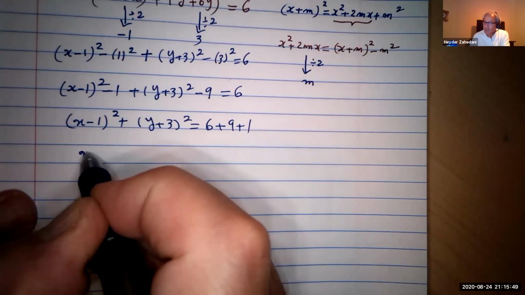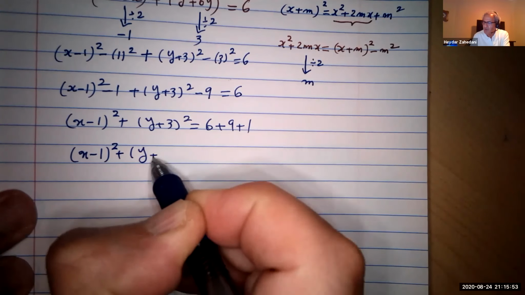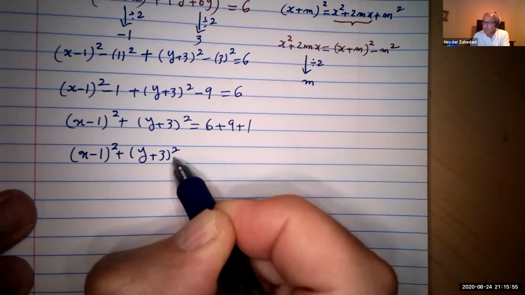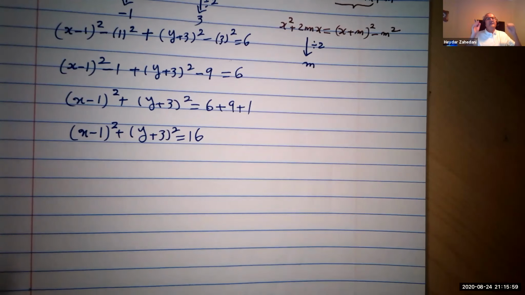So you arrive at x minus 1 squared plus y plus 3 squared equal to 16. Now this is a standard equation of your circle.